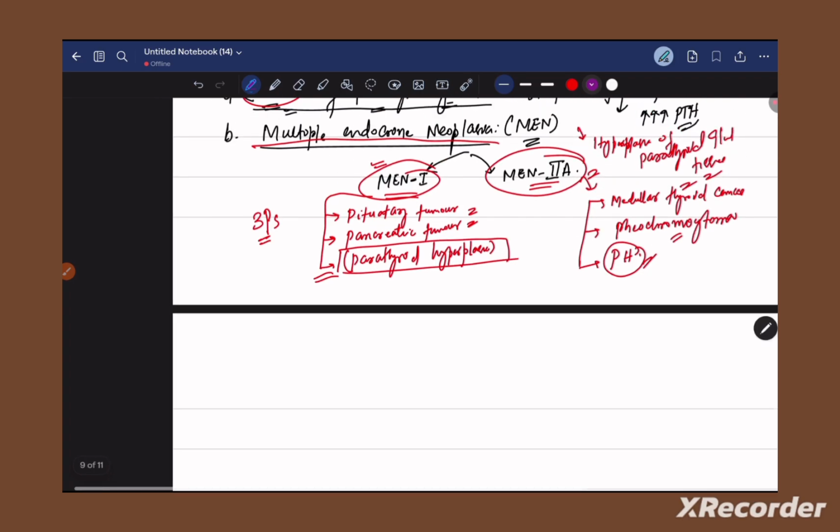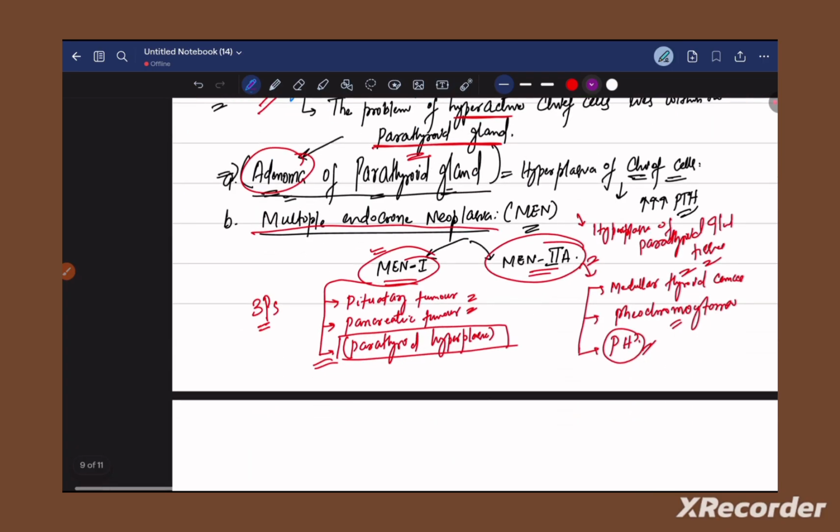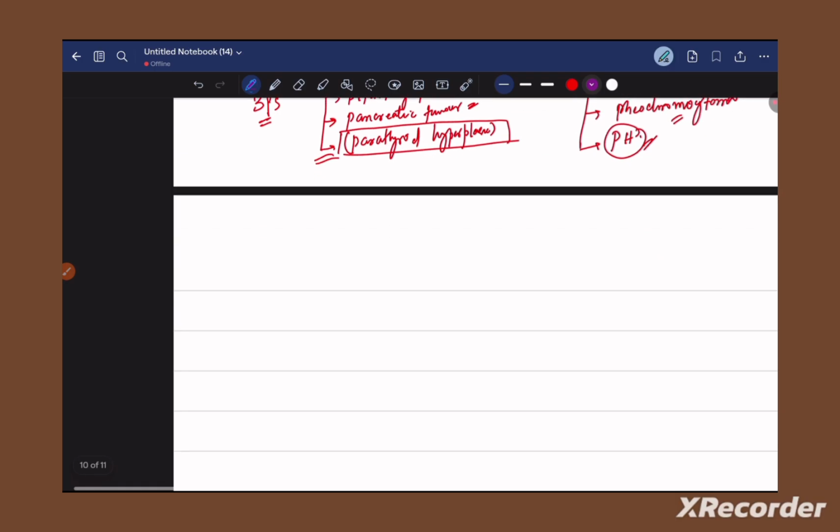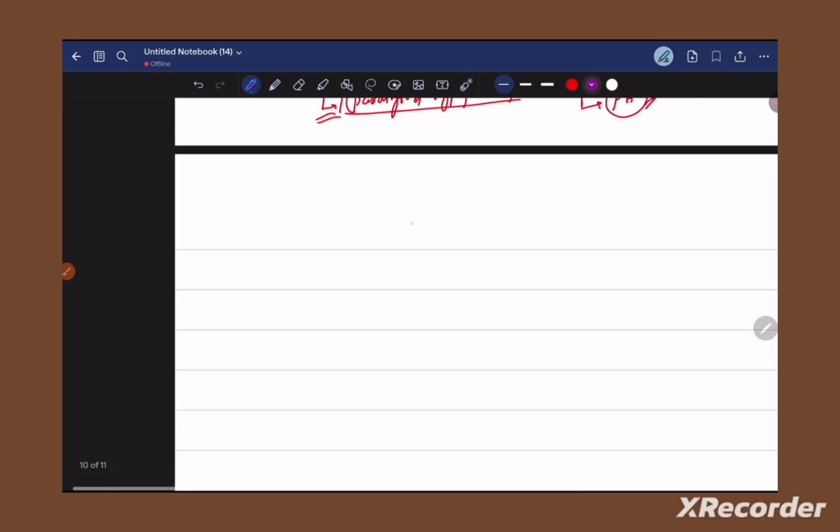Now here, in primary hyperparathyroidism, due to this hyperactivity of the chief cells of the parathyroid gland because of the adenoma and multiple endocrine neoplasia, there would be increased secretion of PTH. What would it do? It will go to the bones.